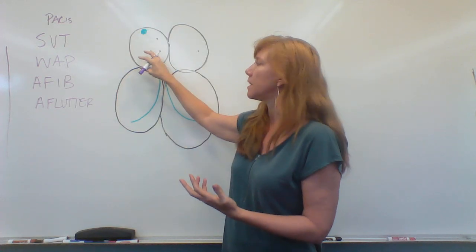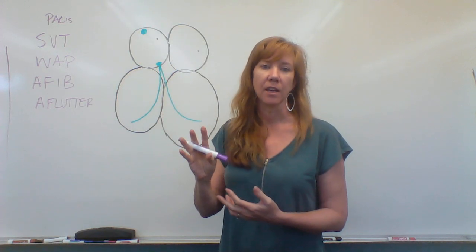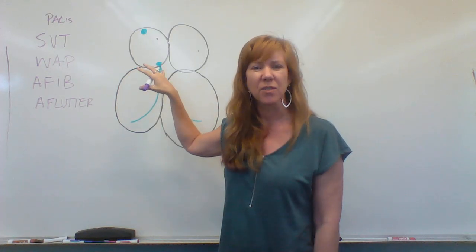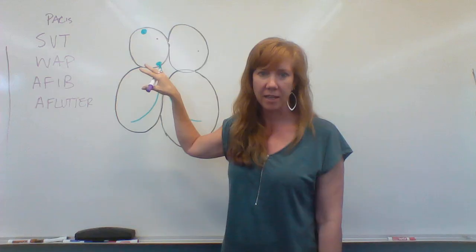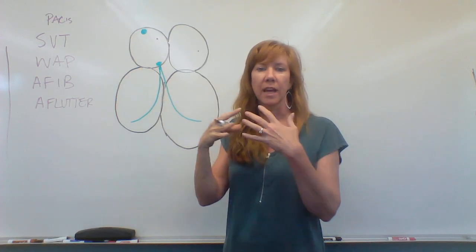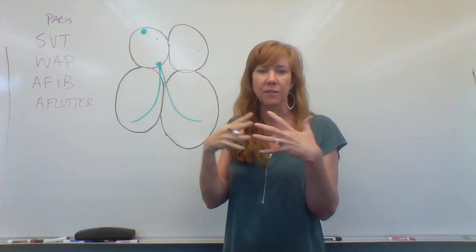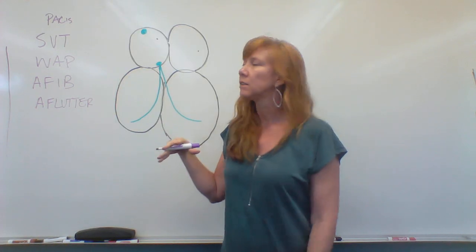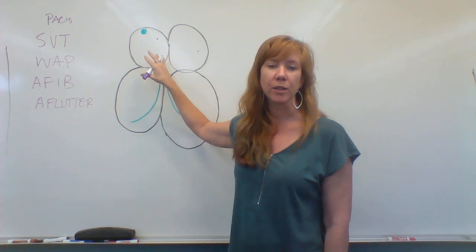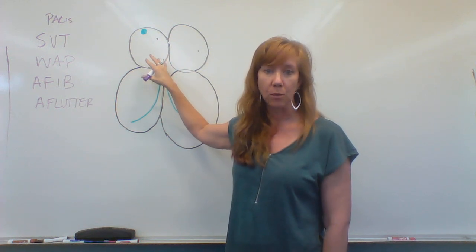And the cells in the atria are particularly susceptible to being physically stretched because the atria is very thin. It doesn't have a lot of muscle mass. And when you start getting into some fluid overload, the atria is one of the first areas to get physically stretched out. So CHF can cause some atrial dysrhythmias right away.